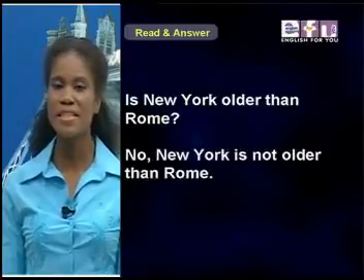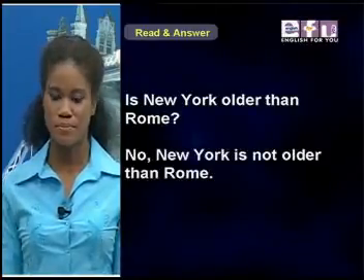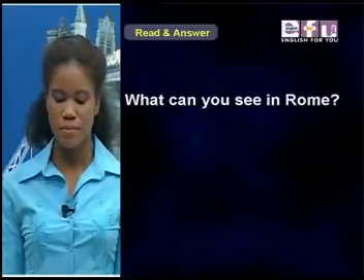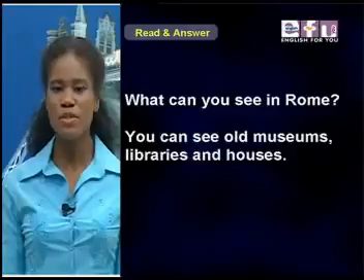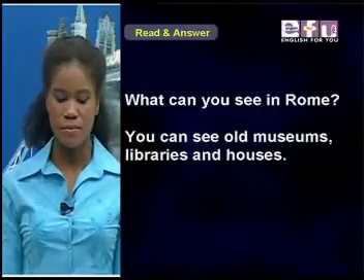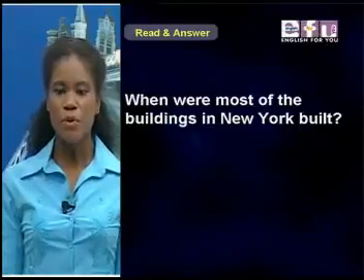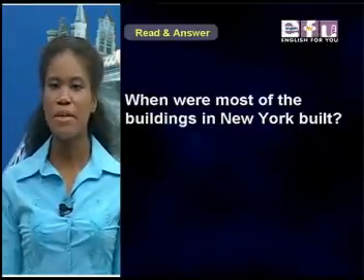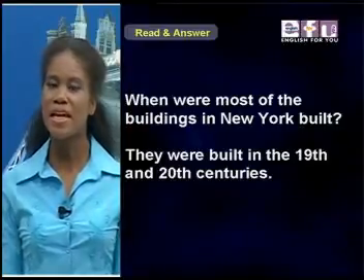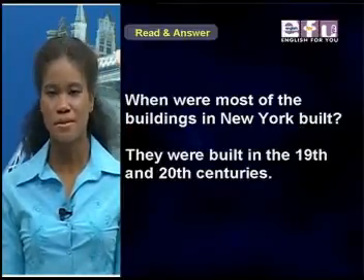No, New York is not older than Rome. What can you see in Rome? You can see old museums, libraries, and houses. When were most of the buildings in New York built? They were built in the 19th and 20th centuries.